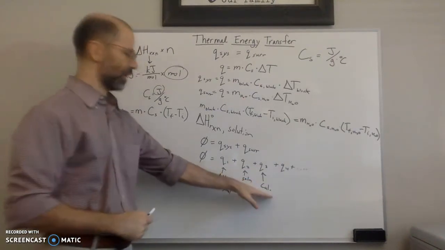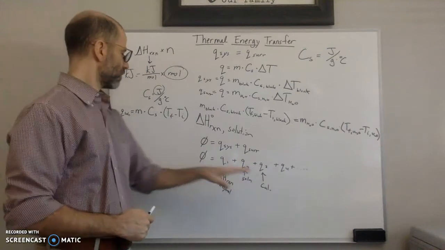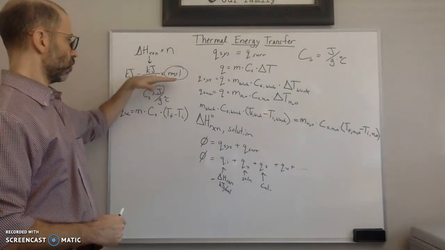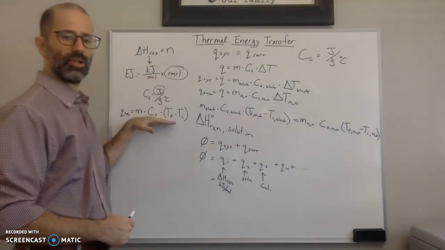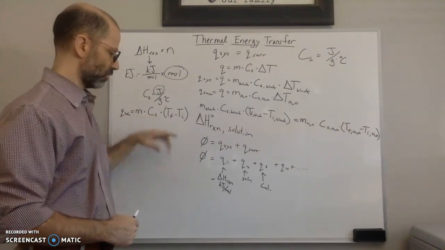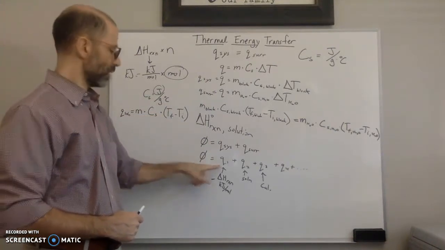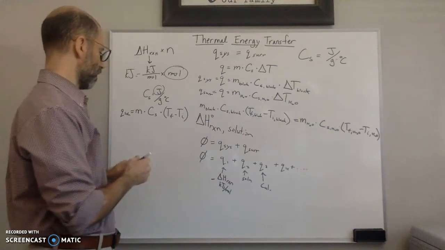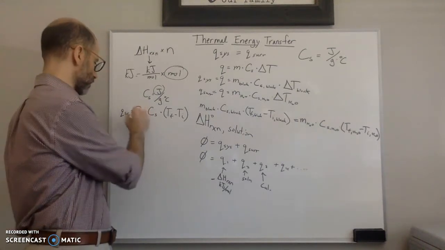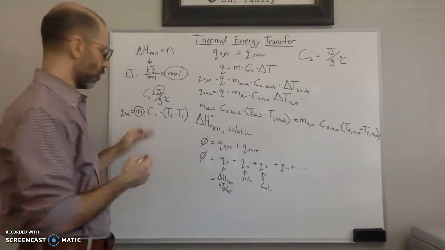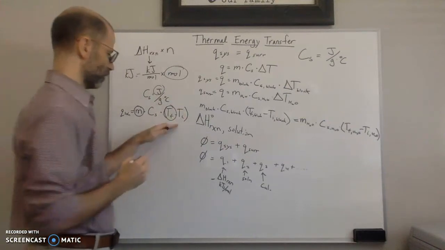And then based on the information that they're giving me, I can figure out what formula I need to use to figure out the Q values, right? And then it might be the case that they're asking me to find a certain mass, or they're asking me to find the final temperature, right?